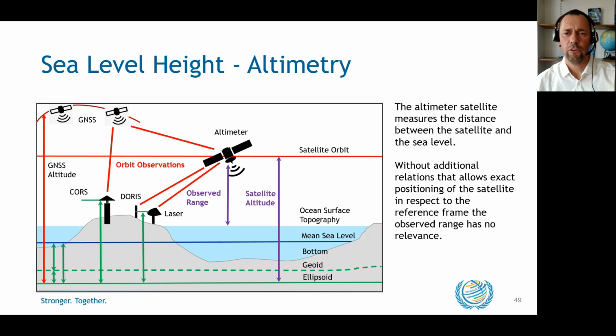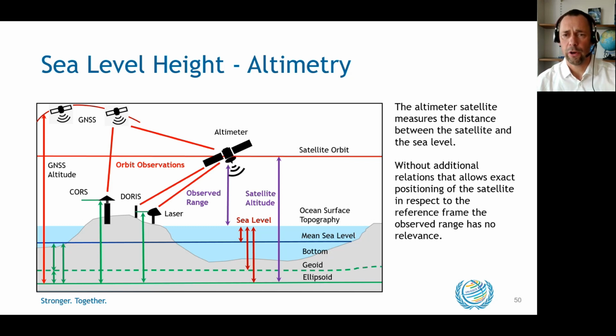Even the navigation satellites don't know their own position without continuous observation from a referenced station network and calculations carried out by geodesists. And now eventually we can use the observed range between the altimeter satellite and the sea level to calculate the sea level height, as we have all we need for that.